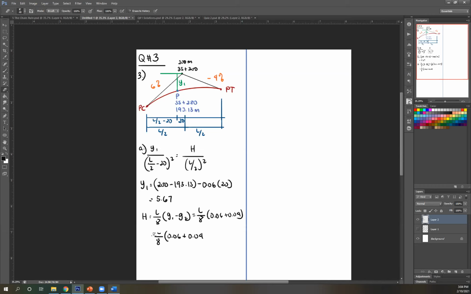Okay. Right, so now I have H in terms of L. I can rewrite all of this.